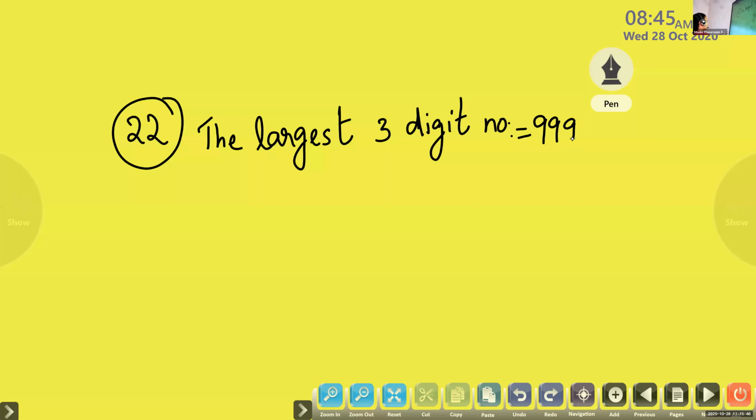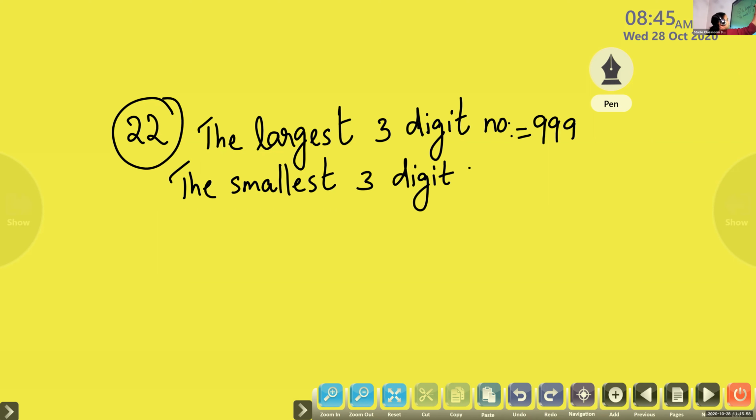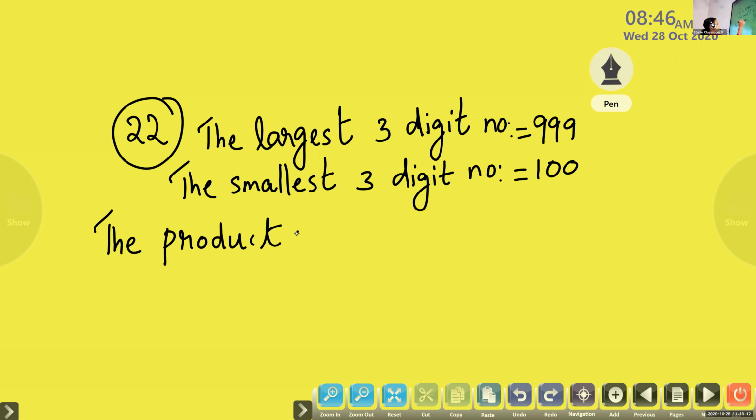The smallest 3-digit number is 100. Now, the product of these two numbers we have to find. The product of 999 and 100. Children, without multiplying, we can find it out here.